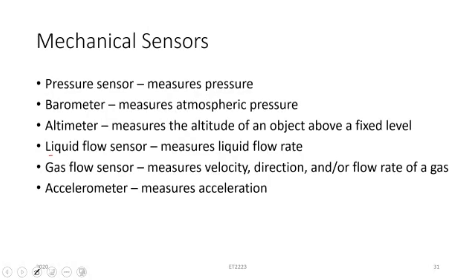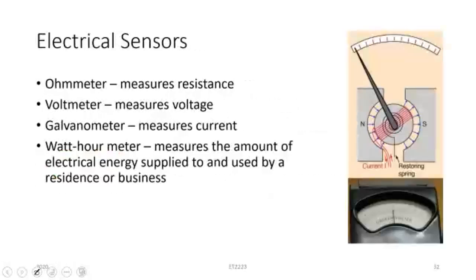Flow sensors, particularly liquid or gas flow sensors, you may use if you are building an embedded system that has to do with measurement of flow of liquids. Accelerometers, we find a lot in our mobile phones these days, but you can get accelerometers as separate sensors and use them as part of your embedded systems.